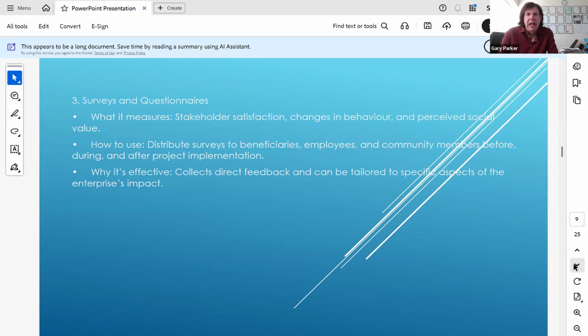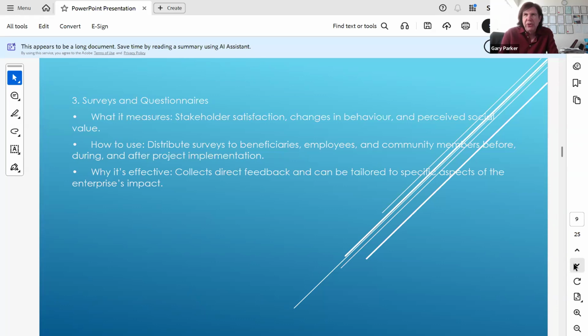And as I say here, how to use: distribute surveys to beneficiaries, employees, and community members before, during, and after project implementation. So you're using this to get feedback from stakeholders in your project as you go along.